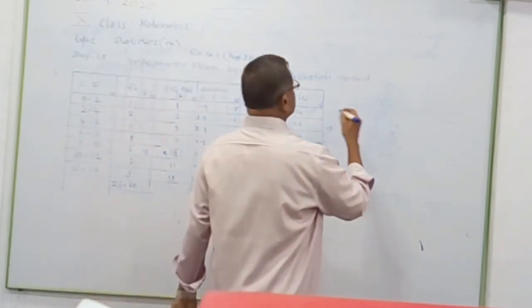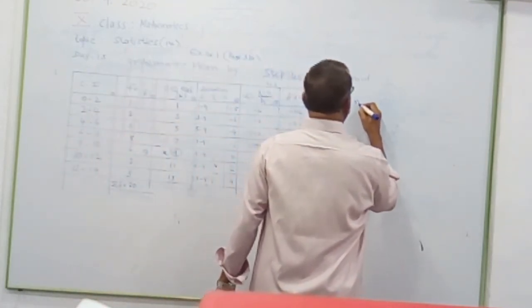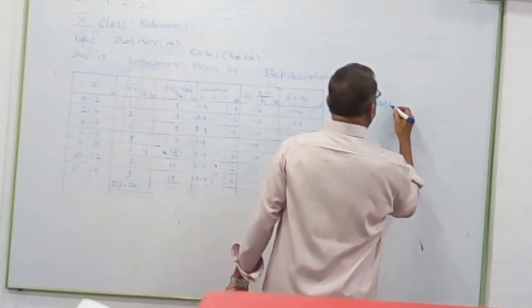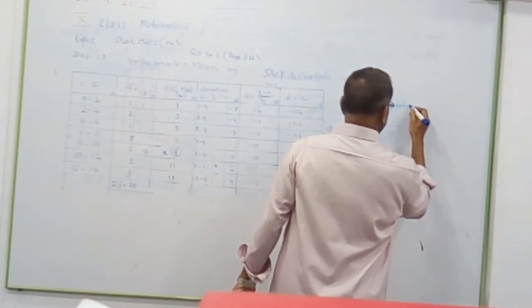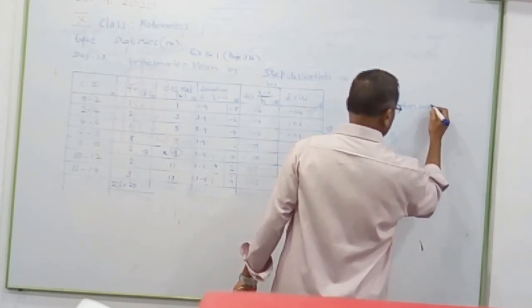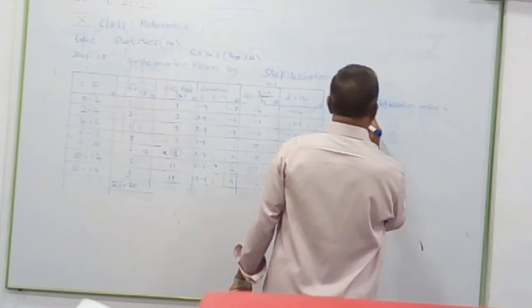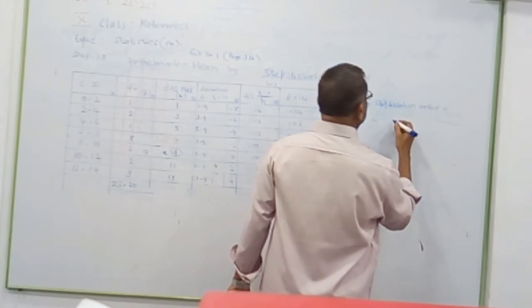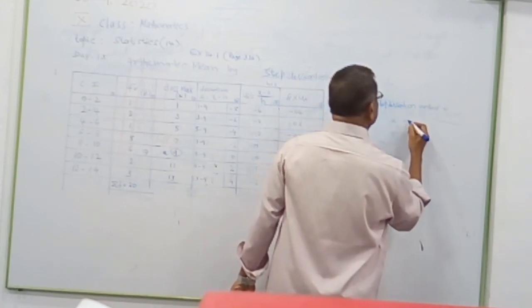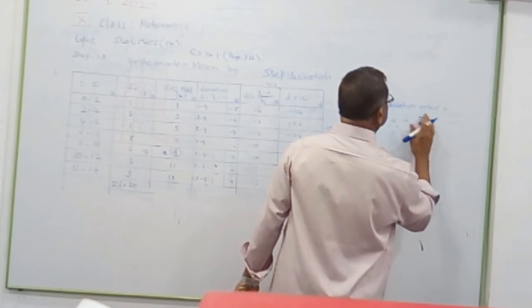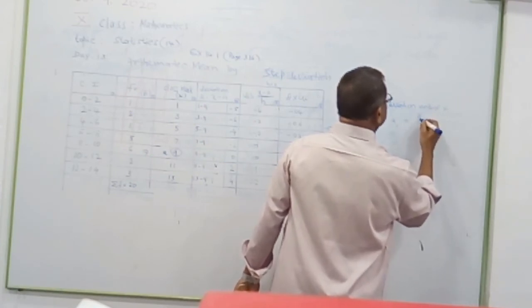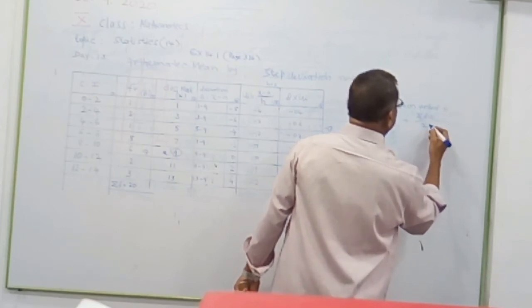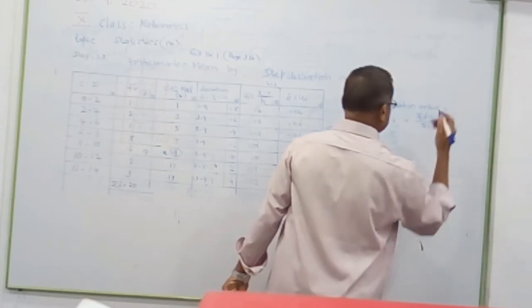See, formula. AM by step deviation method. X bar is equal to, this is symbol X bar, A plus sigma fi ui by sigma fi into h.